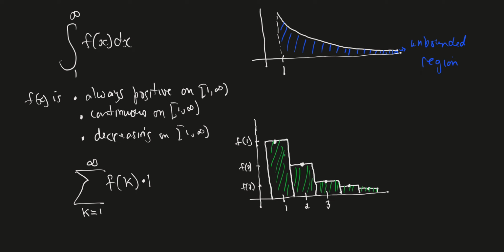But if the series converges, what that would imply is that we would have a finite area under all these rectangles, just like in the case of the improper integral. If the improper integral converges, we have a finite amount of area under the curve.